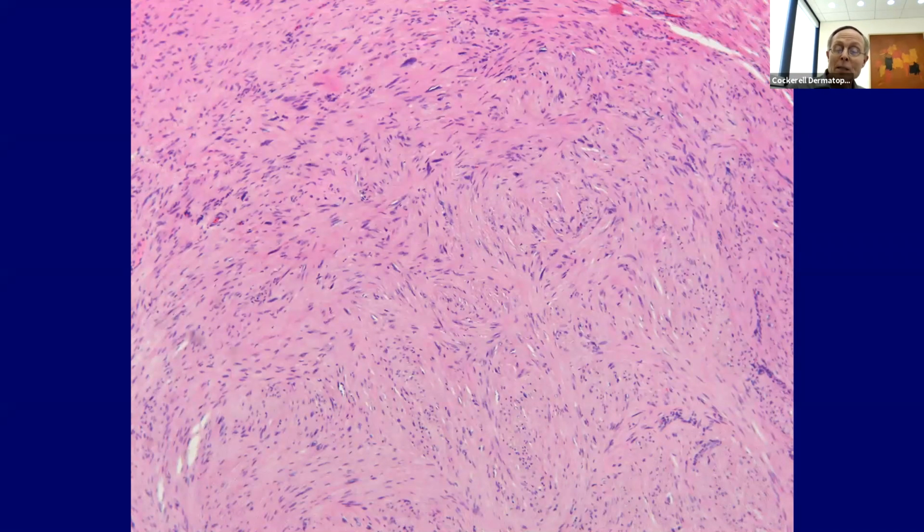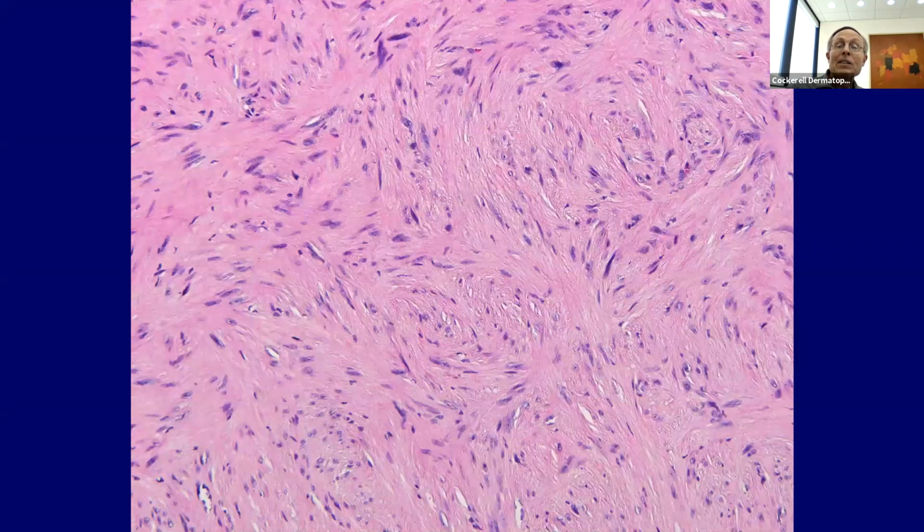The cytoplasm is pink, and these cells look kind of like little cigars right here. They don't have that lazy S appearance like we see with a neural lesion, for example. And the stroma is not loose and myxoid. It's more eosinophilic. And there are some small vacuoles interspersed in here as well.